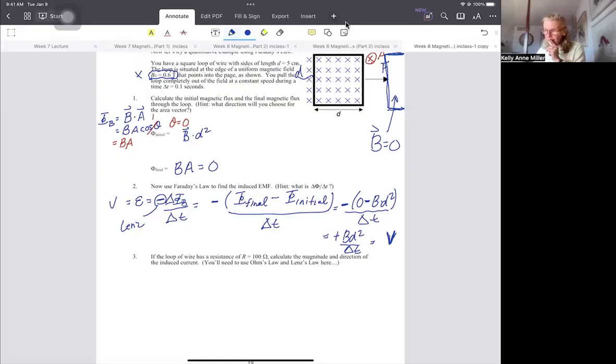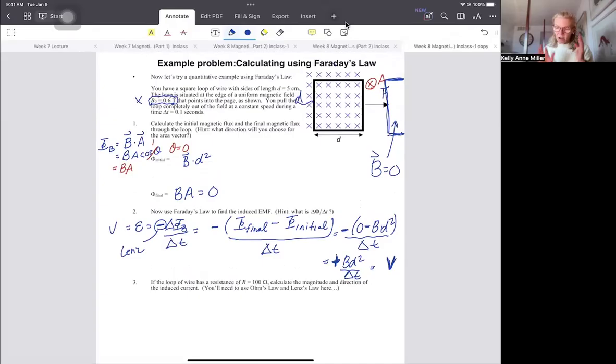Something to note is the positive indicates clockwise current, like the current should go clockwise. So let's see if that makes sense using the same rationale that we did before.